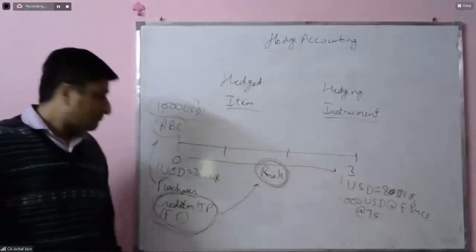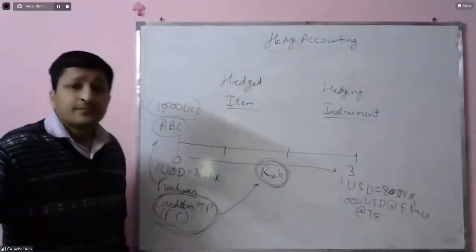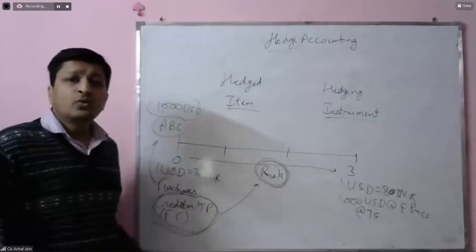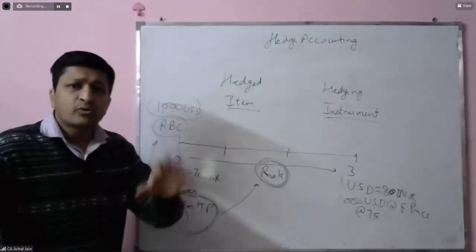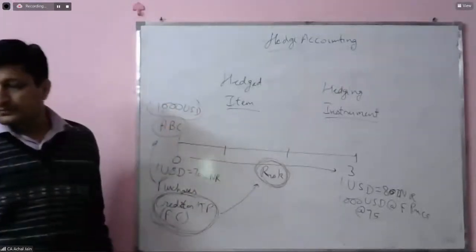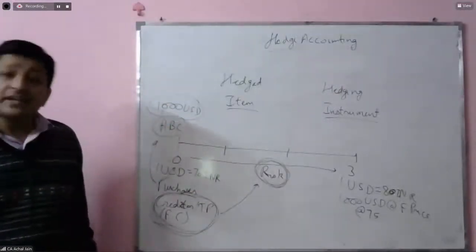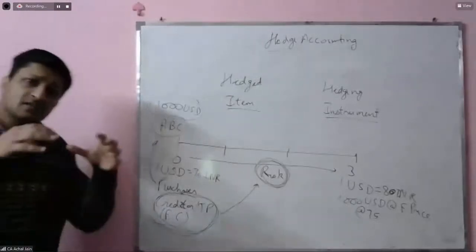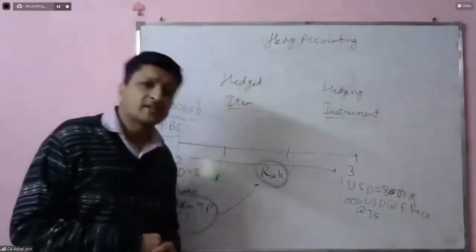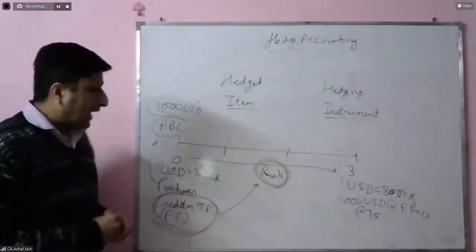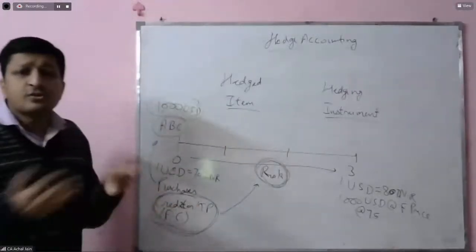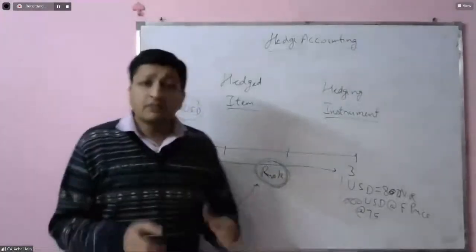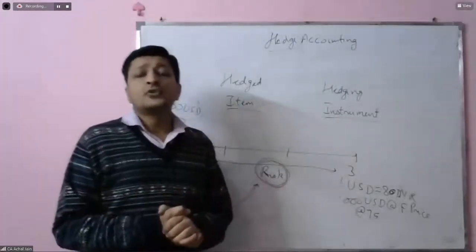because of which ABC will be able to ensure that it is not getting exposed to any foreign currency risk. So whatever is the variation that is fixed now itself, today itself. And let's see how the situation has changed. Earlier ABC was not sure that after 3 months what will be the value of USD.